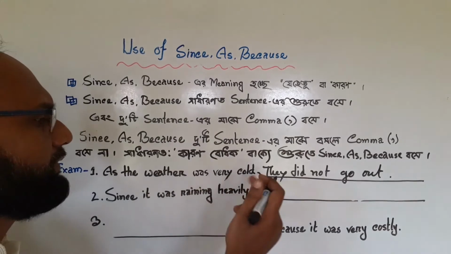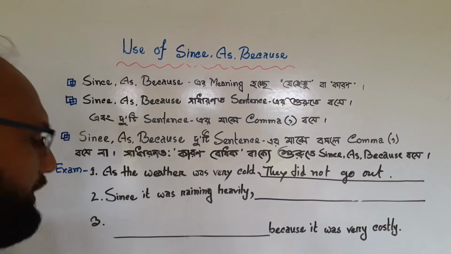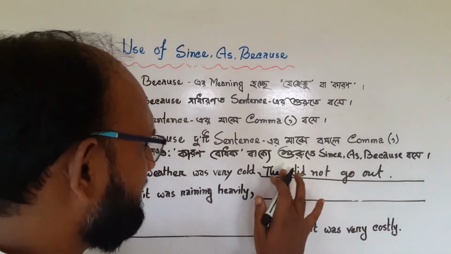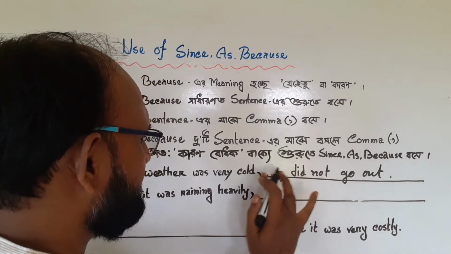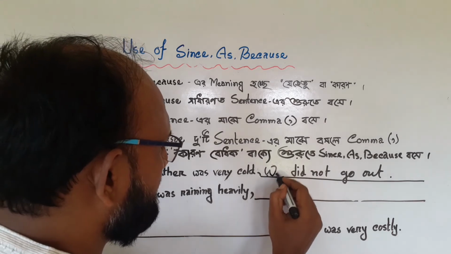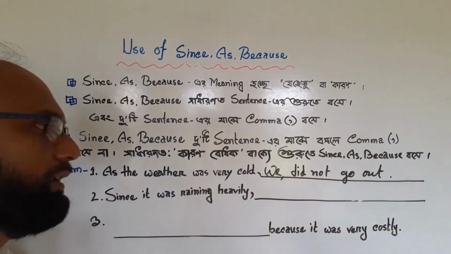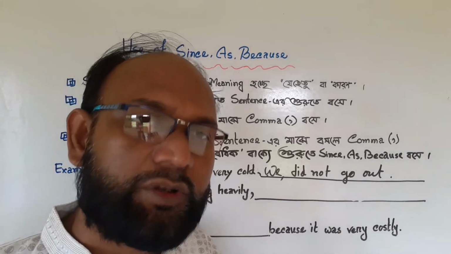As the weather was very cold, they did not go out, or we did not go out. You can write any subject here. As the weather was very cold, we did not go out.